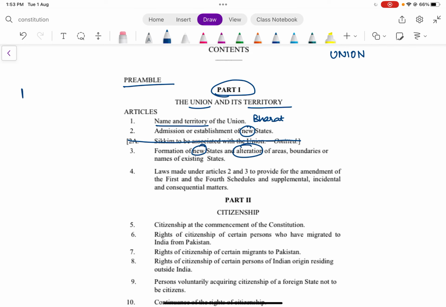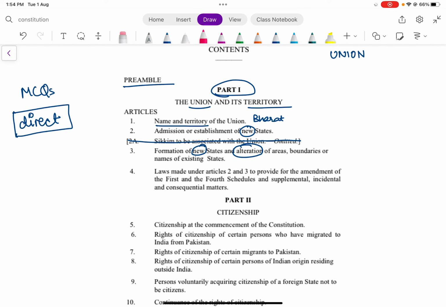Here the questions would be very direct, and if we do the index 10 times, then we'll be able to easily score good marks in our prelims. And for the mains, if we are doing index plus the case laws, that would itself be sufficient. We also need to go into the bare provisions, so we'll be doing that.